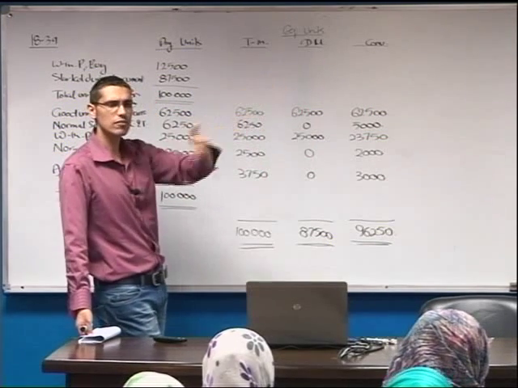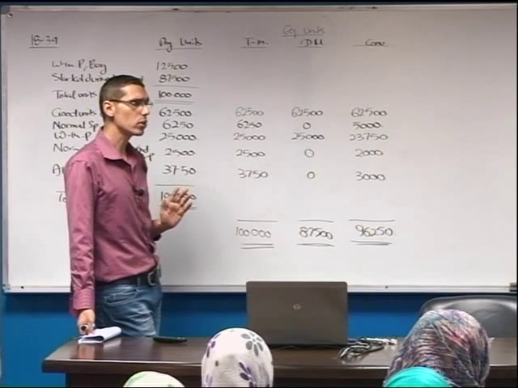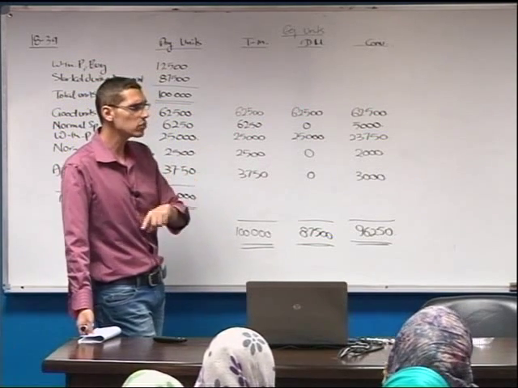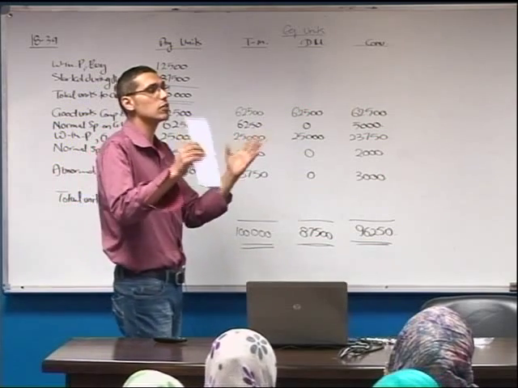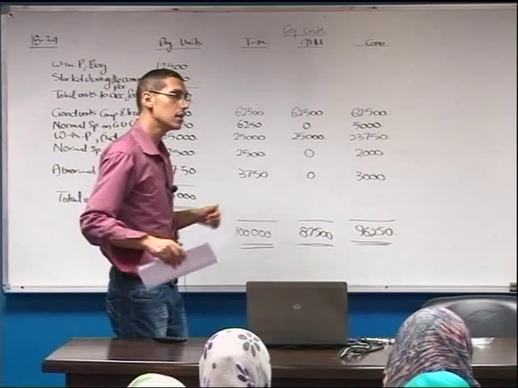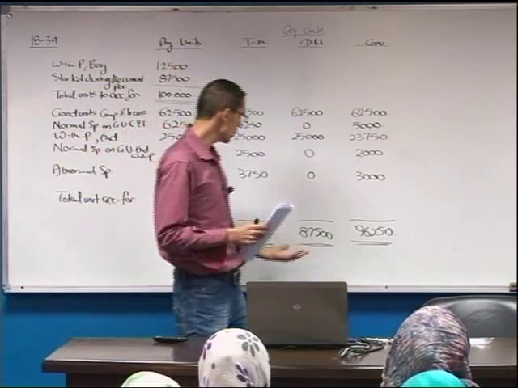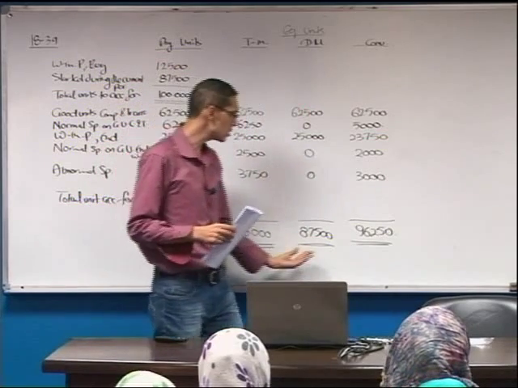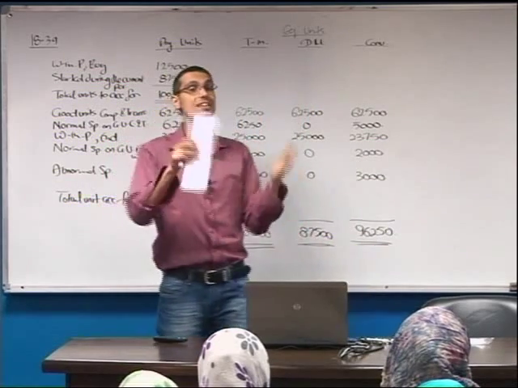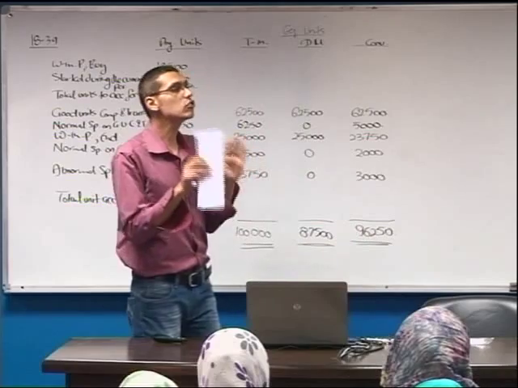All the costs were given within the question. After this, we would calculate the cost per equivalent unit. Therefore, we would divide the total cost that we have summarized in step number 3 by these numbers, 100,000, 87,500, and 96,250. And then step number 5, we need to assign the cost.